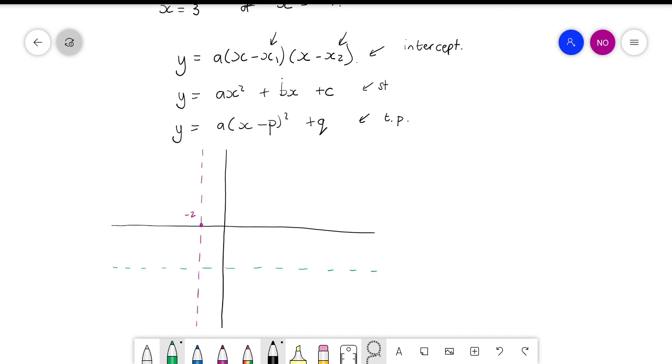Renique, het jy 'n vraag? Yeah. What's what? That's the x value of the turning point and that's the y value of the turning point. Almal by? Okay.